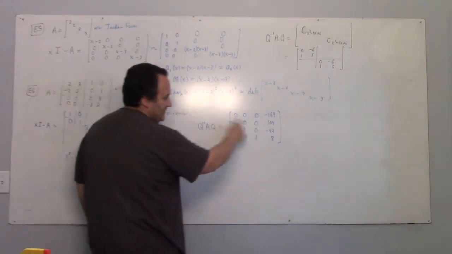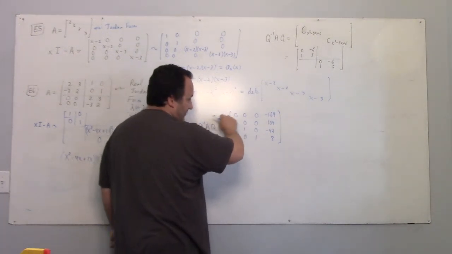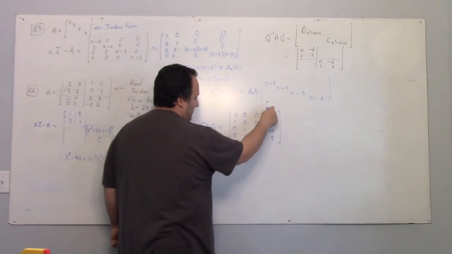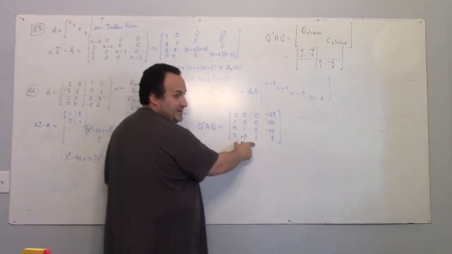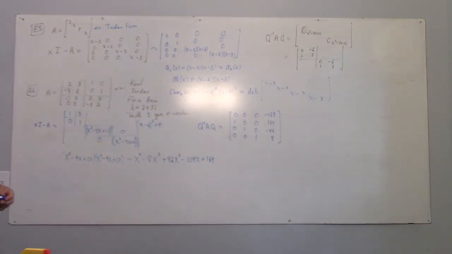The determinant of this, you can easily see, is 169 if you look at the cofactor expansion across the top row: plus, minus, plus, and so on, 169 times the determinant of the remaining block. Determinant is an invariant of similar matrices.